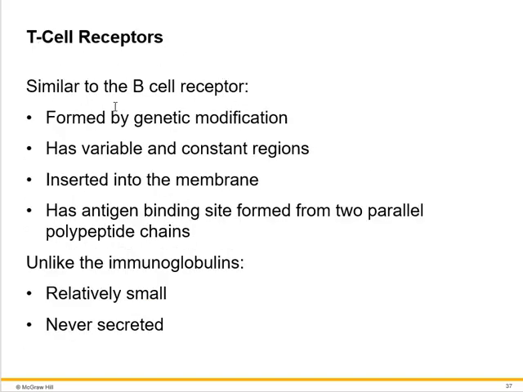The T cell receptors are formed similarly, and they have the same genetic modification, variable region and constant region, but it's inserted into the membrane. It has two membrane-bound sites. Instead of just sitting on top of the membrane, it's more embedded in it, and it is relatively small and never secreted.